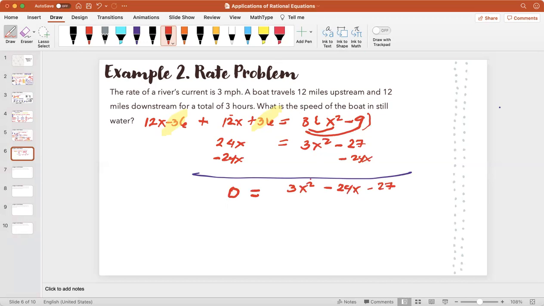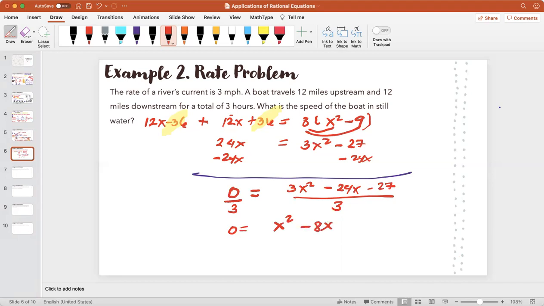Before we factor this using AC, let's see if we can simplify it. We can simplify by looking for GCF. Any number that divides 3, 24, 27? 3. All right, so both of these sides are divisible by 3. 0 divided by 3 is 0. And 3x squared divided by 3 is x squared. Negative 24x divided by 3 is negative 8x.